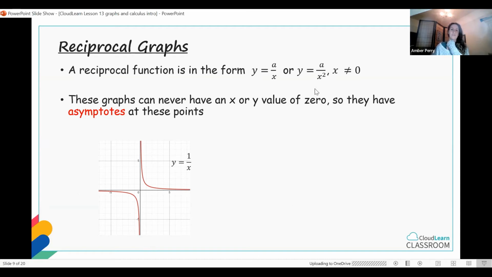And then think about what might happen if I had 1 over x squared. What would happen to this negative side if I squared all of those values of x? What happens to a negative number when you square it? What does it do? I can see someone typing.